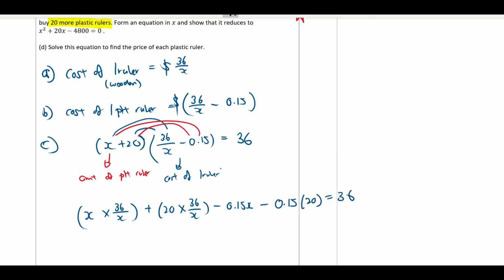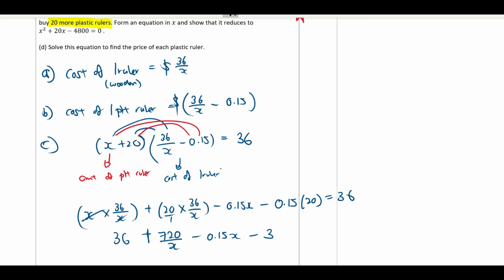Equals 36. x times 36 over x cancels, you will just get 36, plus 20 times 36 over x, this is numerator times numerator, 36 times 20, 720 over x, minus 0.15x minus 3.